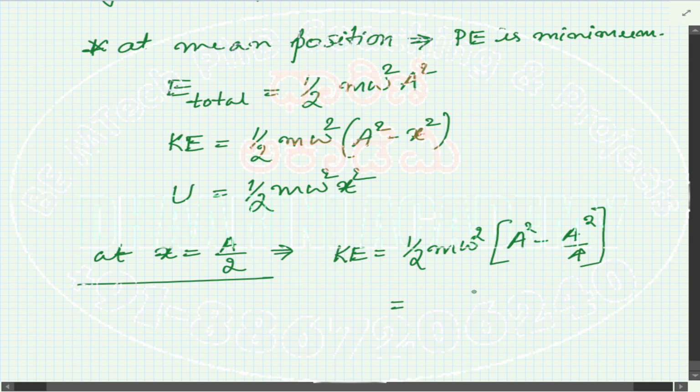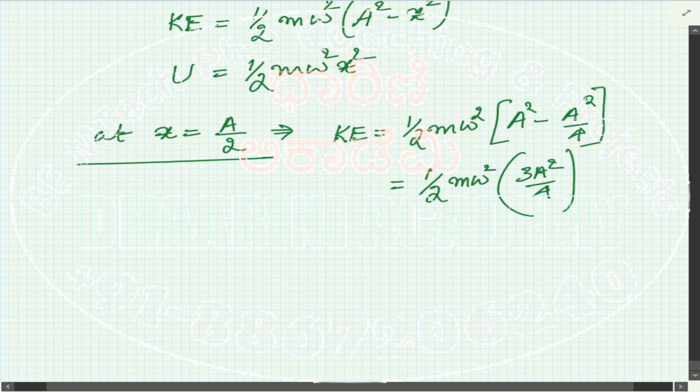So what happens to the kinetic energy now? I can write half m omega square, and 4 minus 1 is 3A square by 4. This is the kinetic energy. The question asks what percentage of the total energy is kinetic energy.